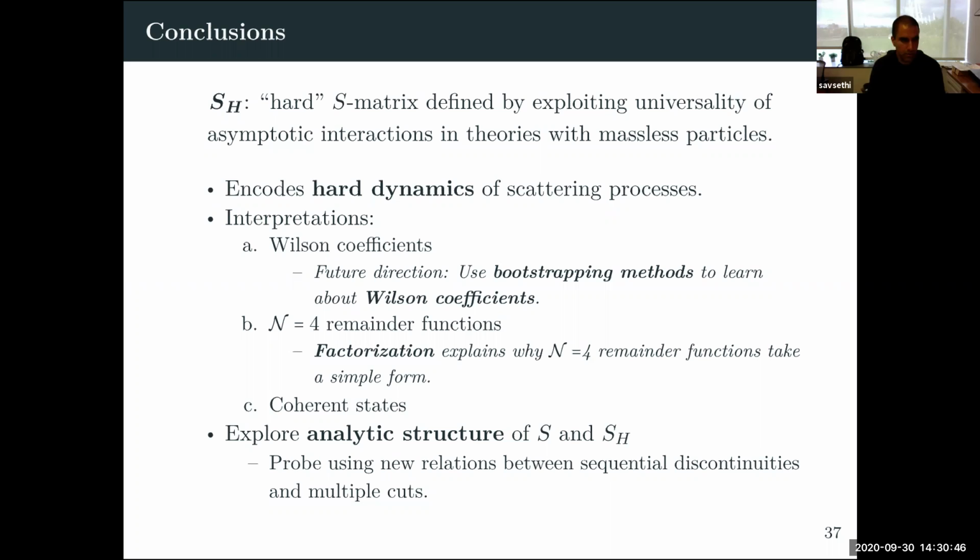And as a future direction, we wanted to look into the analytic structure of the S^H amplitudes, but we actually realized that we first needed to look into the analytic structure of S, where we have more known results, and we started probing this analytic structure by using our new relations between sequential discontinuities of amplitudes and multiple cuts through the corresponding Feynman diagram.